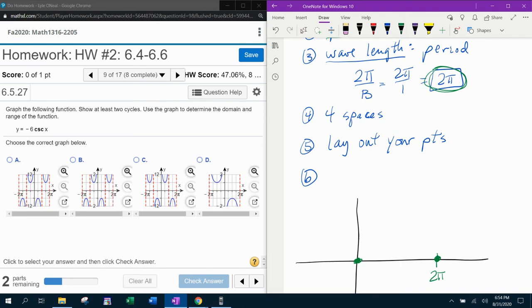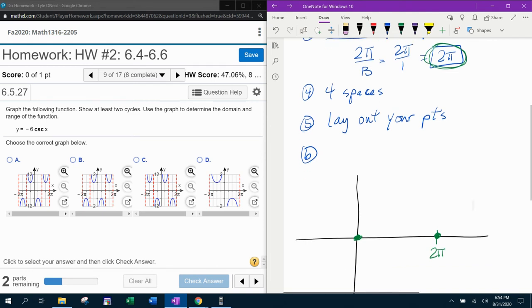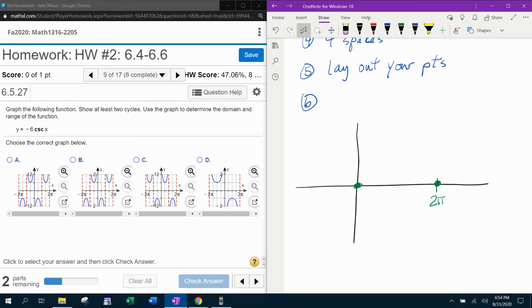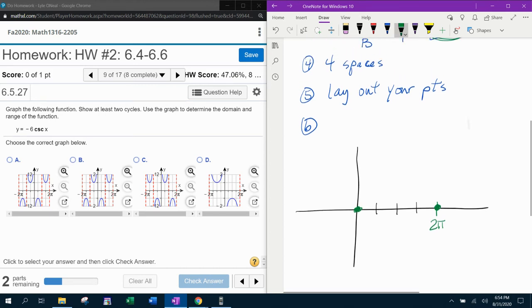Now, I need 4 spaces. So I need to cut this in half, and then half the halves to give me my 4 equal spaces. And then I'm going to lay out my points.